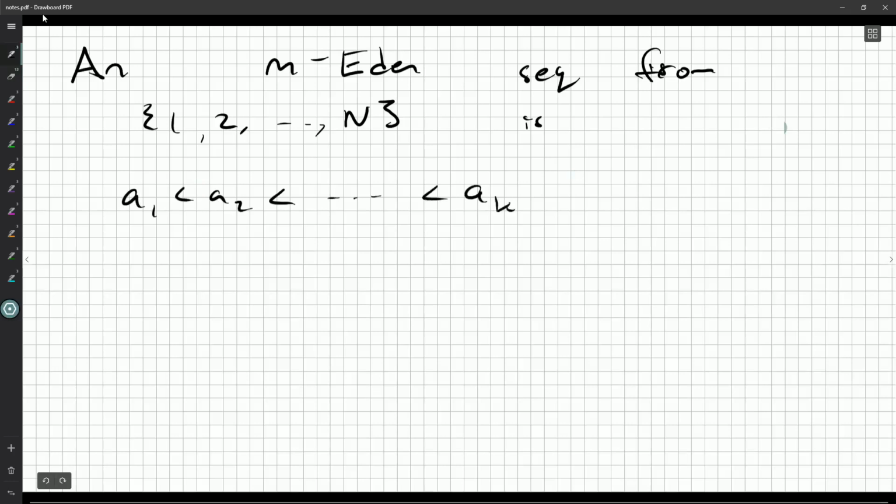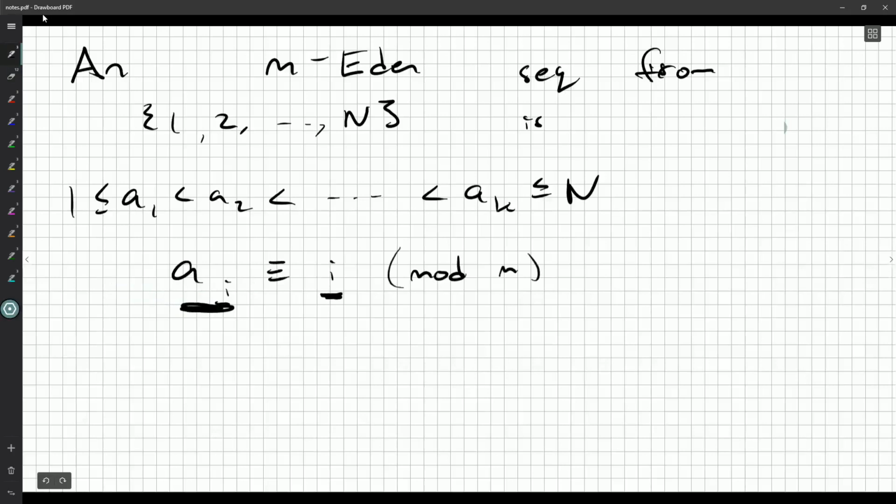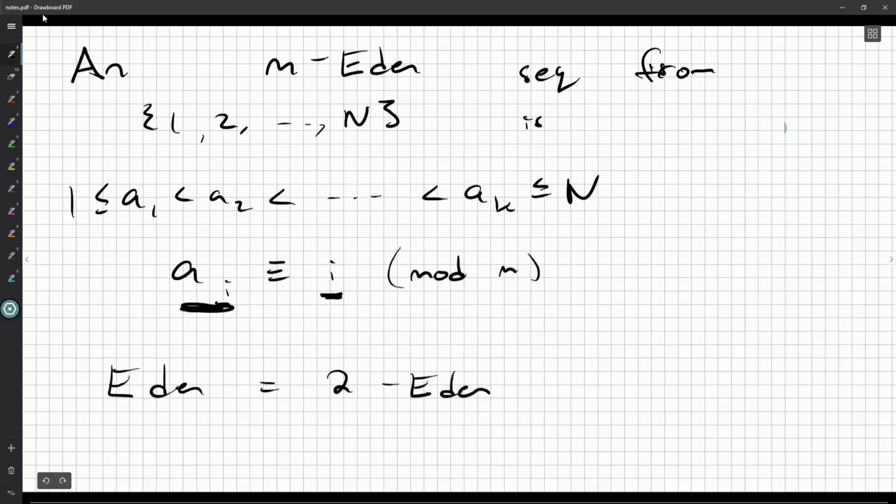They're increasing, and between 1 and N. And then my final condition is AI is congruent to I mod M. All I'm saying is the term place and the term itself have the same remainder when you divide through by M. So the Eden sequences from this question are really just two Eden sequences. And a one Eden sequence is just any old Eden sequence.